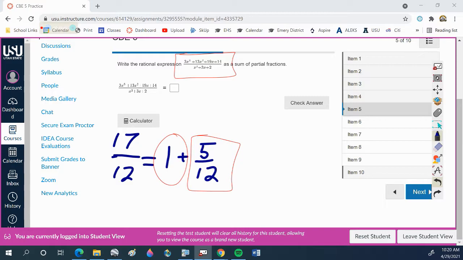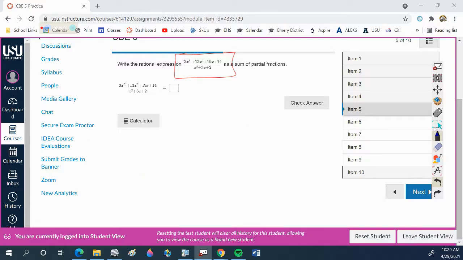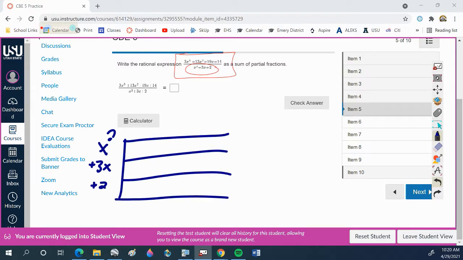We do polynomial division. Okay? So polynomial division, we're going to stick that in the box. So x squared plus 3x plus 2. And I don't know how many columns it's going to have. What's my first step? I have to put this in the first box.